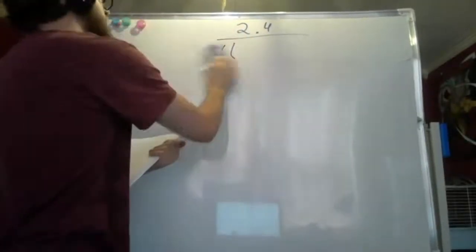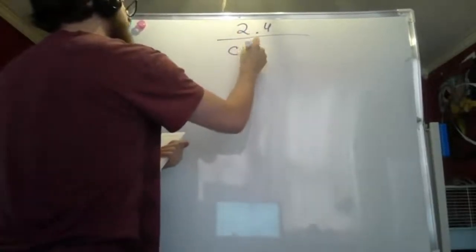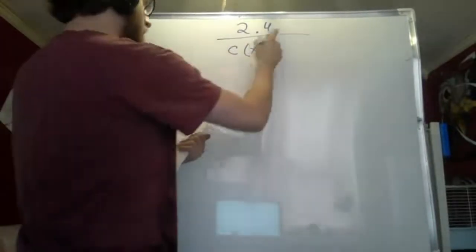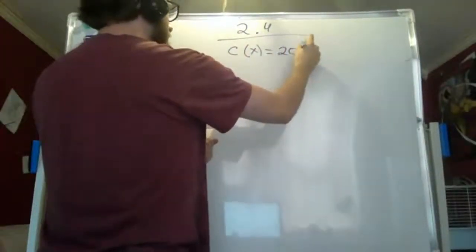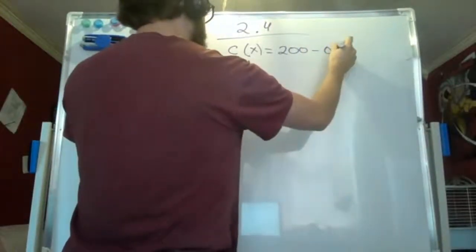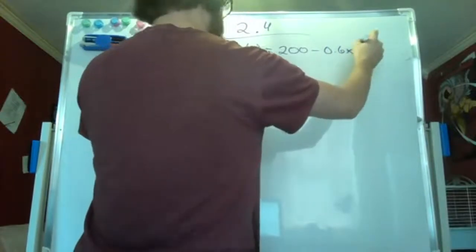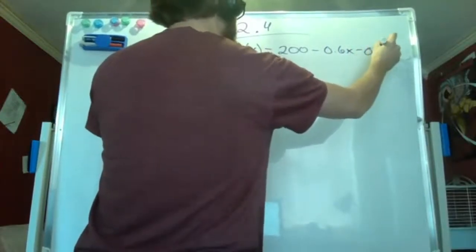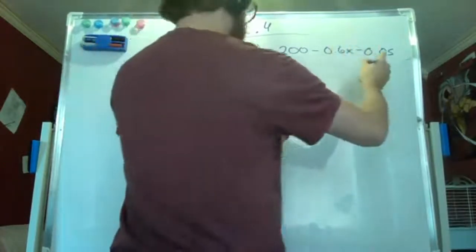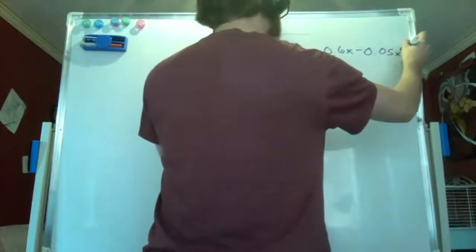c of x is equal to 200 minus 0.6x minus 0.05x to the 0.6 power.